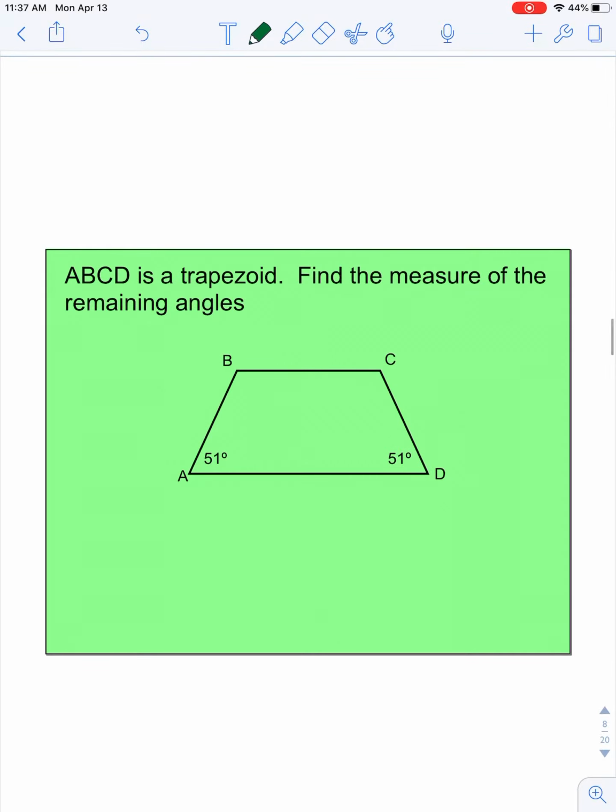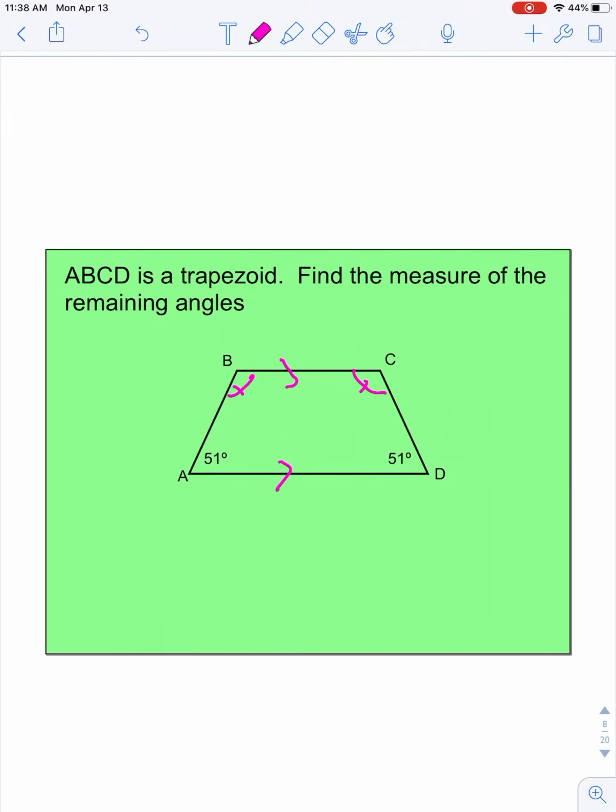Here again, it tells you that ABCD is a trapezoid. So what that's telling you is that these two sides are parallel. Find the measure of the remaining angles. Well, we need to determine if this is an isosceles trapezoid, because if it is, then this angle right here will be congruent to this angle right here.